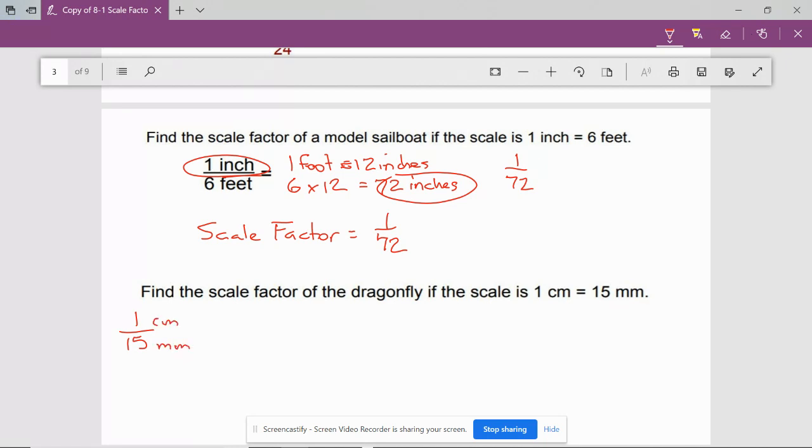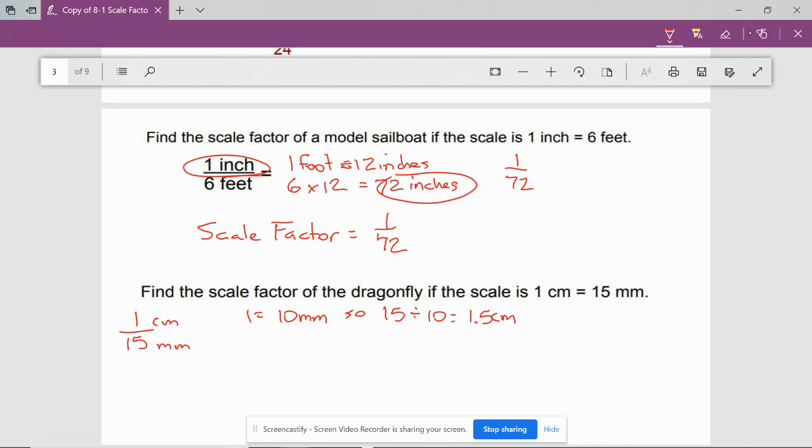Hopefully we understand that. 1 centimeter is equal to 10 millimeters, which means 15 divided by 10 is going to equal 1.5 centimeters. Hopefully that makes sense.